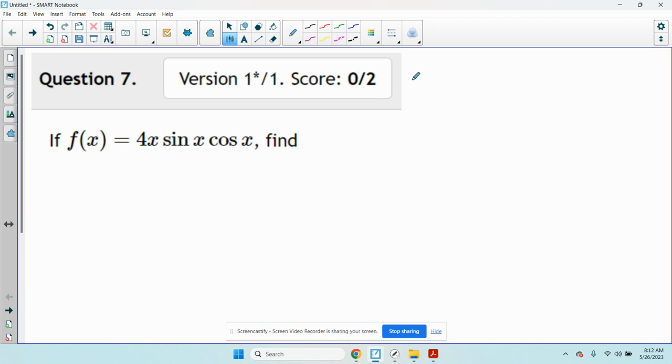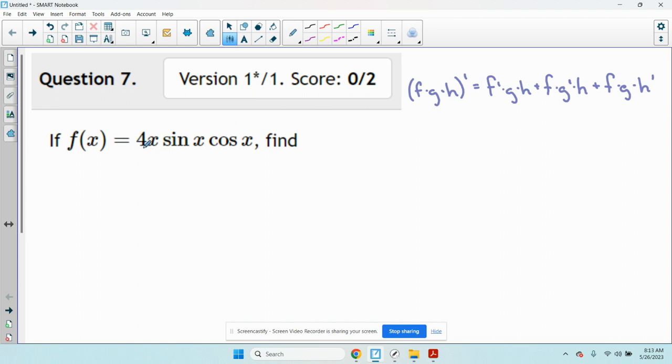If I have the product of f times g times h, and I take the derivative of that, that's going to be the derivative of f times g times h plus f times the derivative of g times h plus f times g times the derivative of h. Basically, you're just rewriting the product three times, and you're just taking the derivative of each of the three terms in each term you write out.